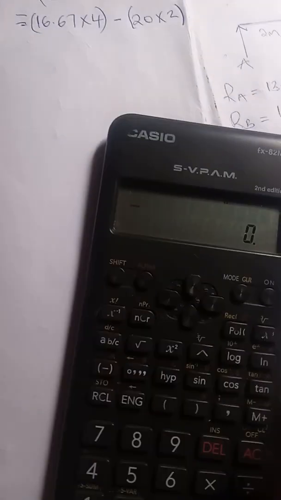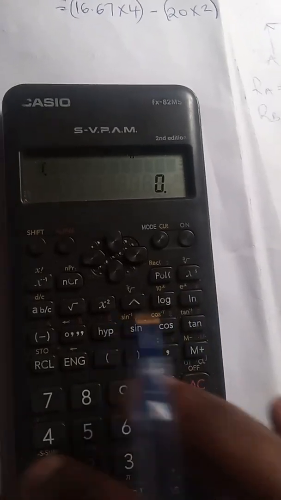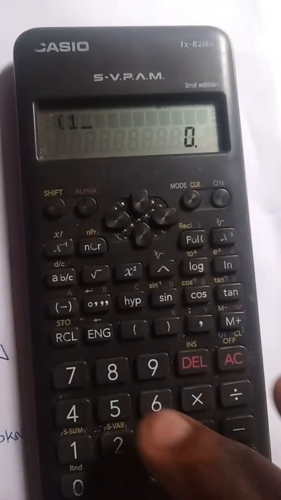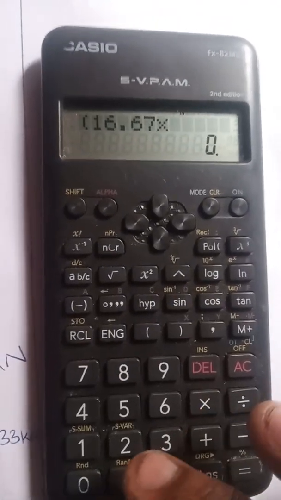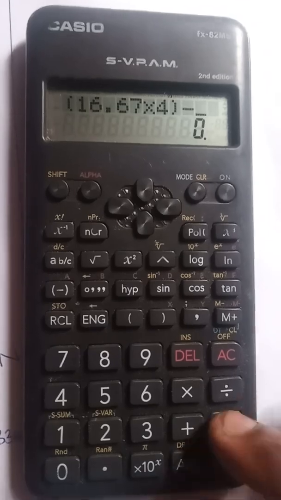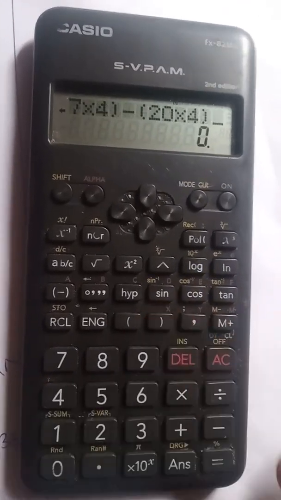On the calculator, you open the bracket, 16.67 times 4, close the bracket, minus 20 times 2, close the bracket.